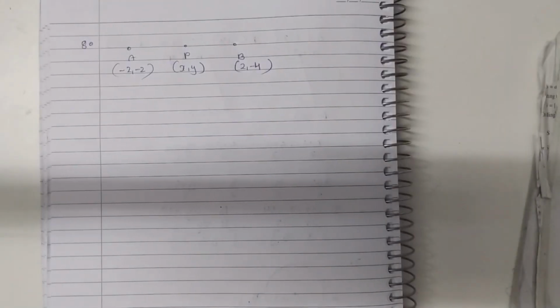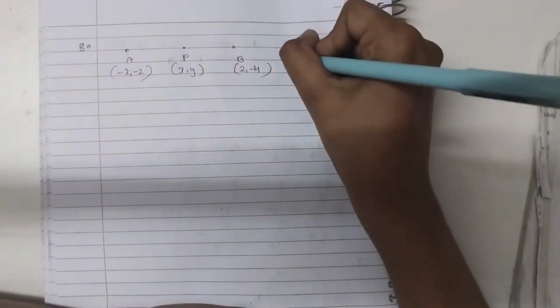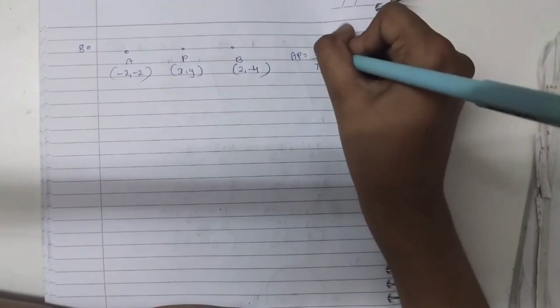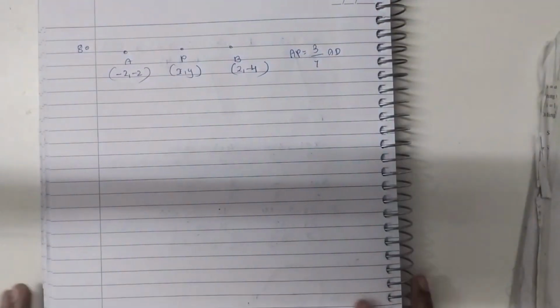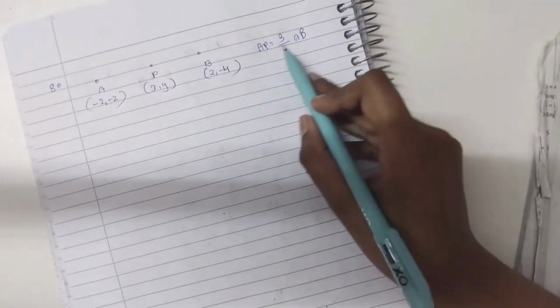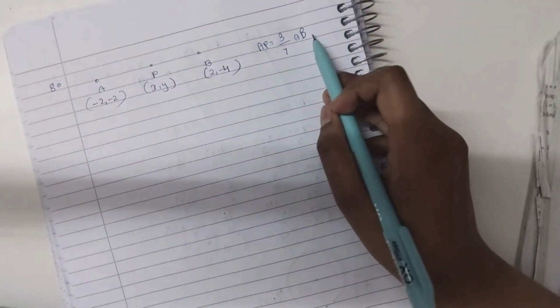In the eighth question, they've said that if A and B are the points (-2, -2) and (2, -4) respectively, we need to find the coordinates of P such that AP is equal to 3/7 of AB. So they've said that AP is 3/7 of AB.